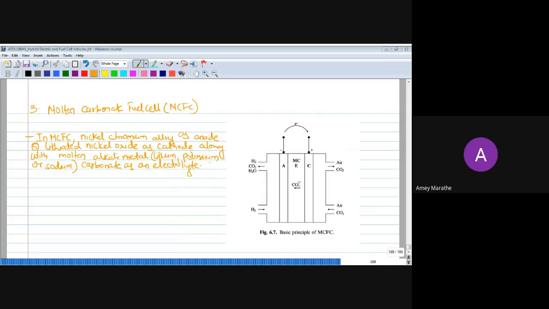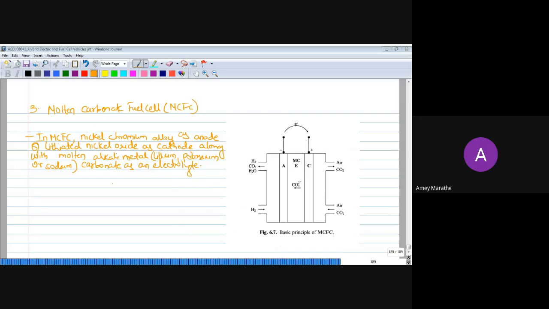Okay, so the name is molten carbonate fuel cell. So molten alkali metal carbonates, like lithium carbonate or potassium carbonate or sodium carbonate, are used as an electrolyte, and it is in molten form, and that is why the name molten carbonate fuel cells.